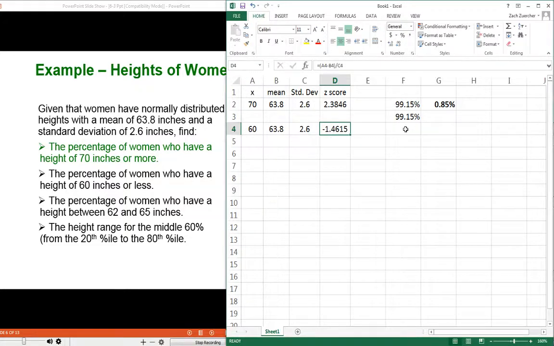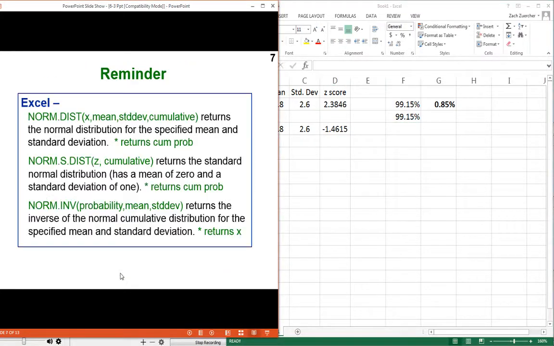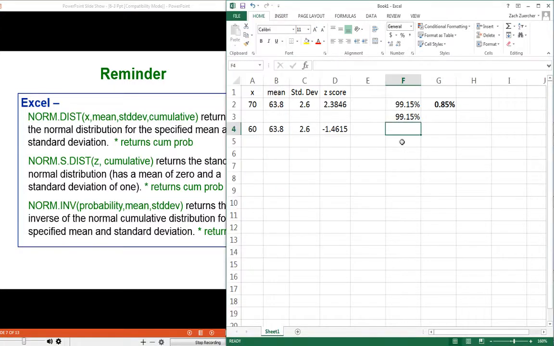Now, if I were to go ahead and calculate the norm dist function for this, I went ahead and did it up here. If I just copy that and paste it down here, that's given me just 7.19%.